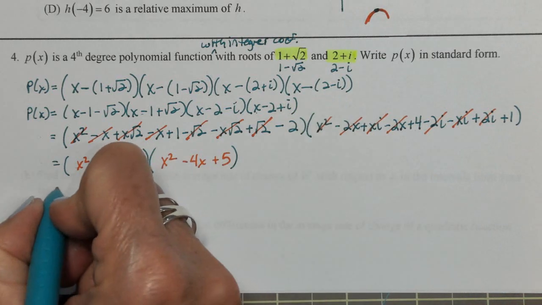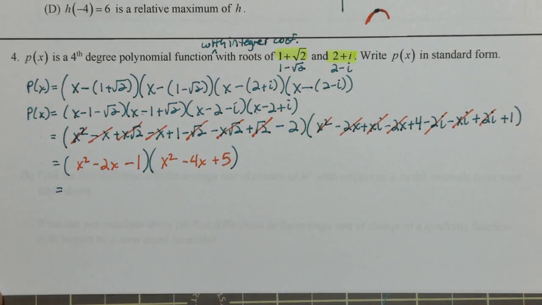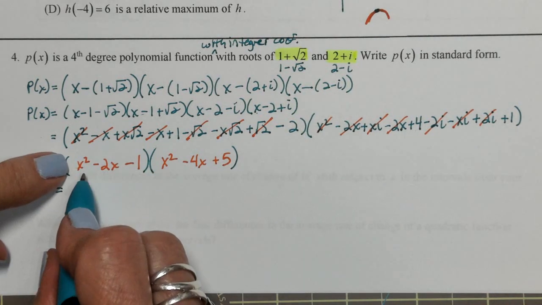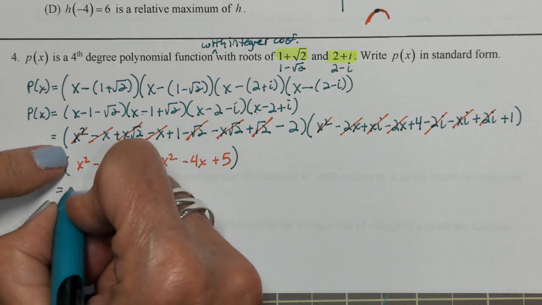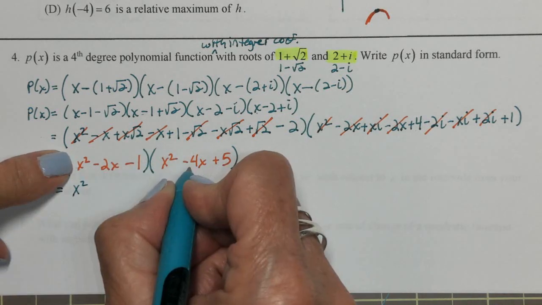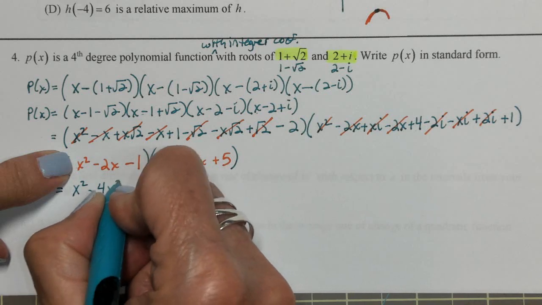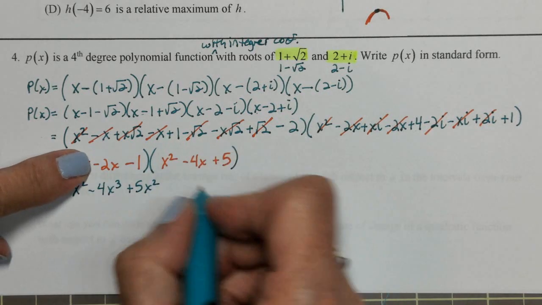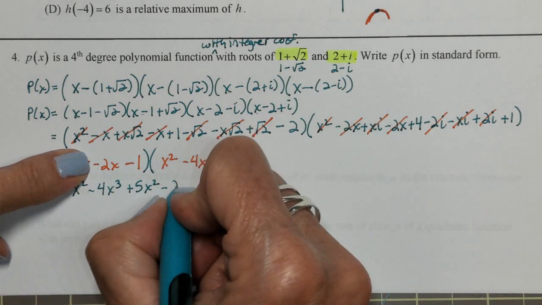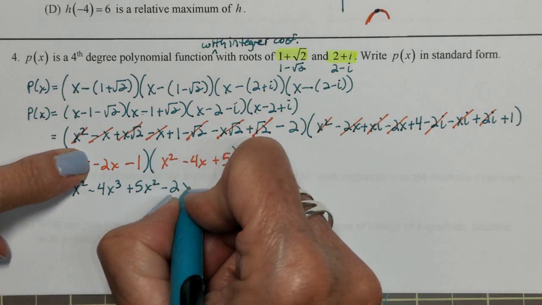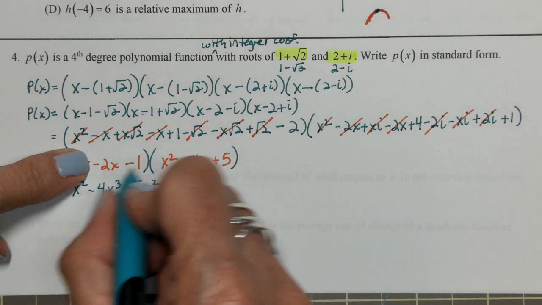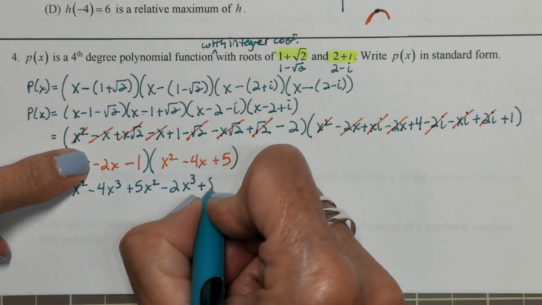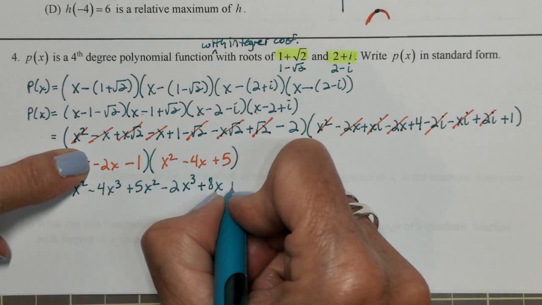Okay. Still not in standard form. Time to multiply again. x squared times x squared, times negative 4x, x squared times 5. Negative 2x times x squared, negative 2x times negative 4x, negative 2x times 5.